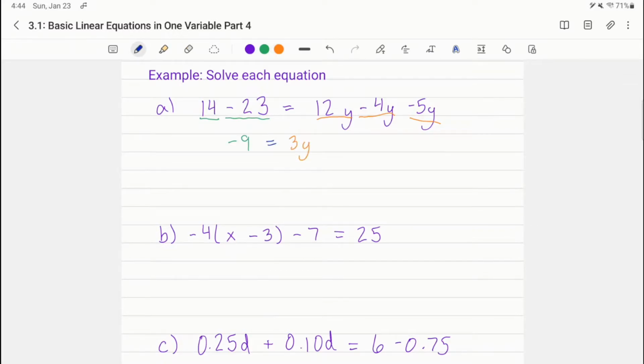So when we have negative 9 equals 3y, I want to divide by 3 on both sides. The 3's cancel out, leaving us with just y on the right-hand side. Negative 9 divided by 3 is negative 3. So for A, we get y equal to negative 3.